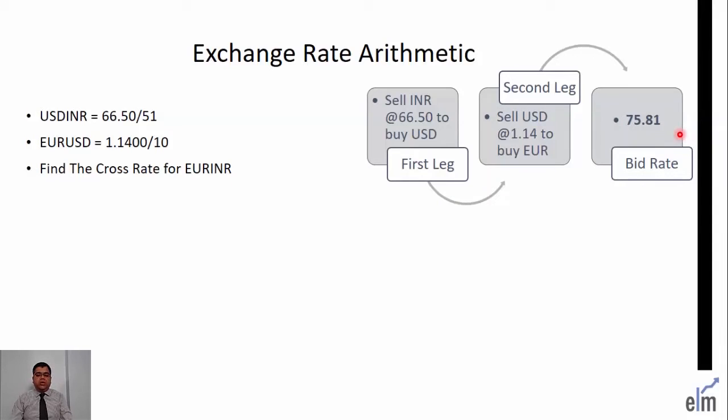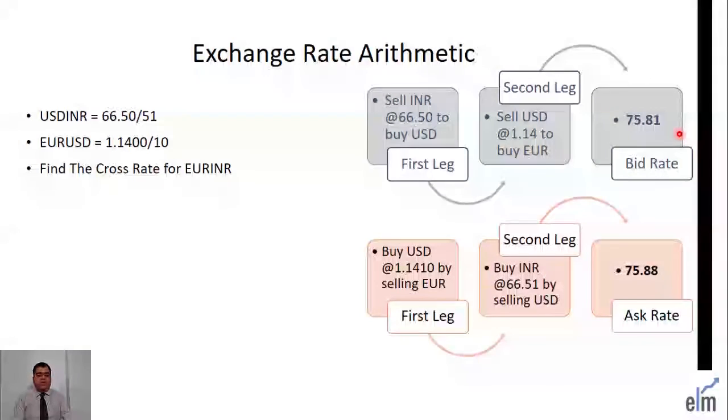We will do the same for the second leg also when we try to discover the offer rate. In this case, we will first buy USD by selling Euro. So we are going in the roundabout way. We are selling Euro to buy USD at 1.1410.